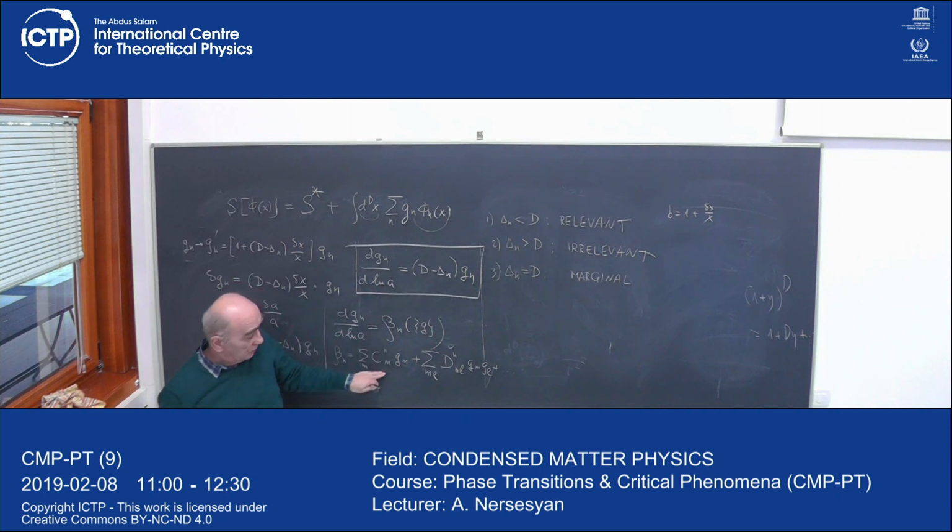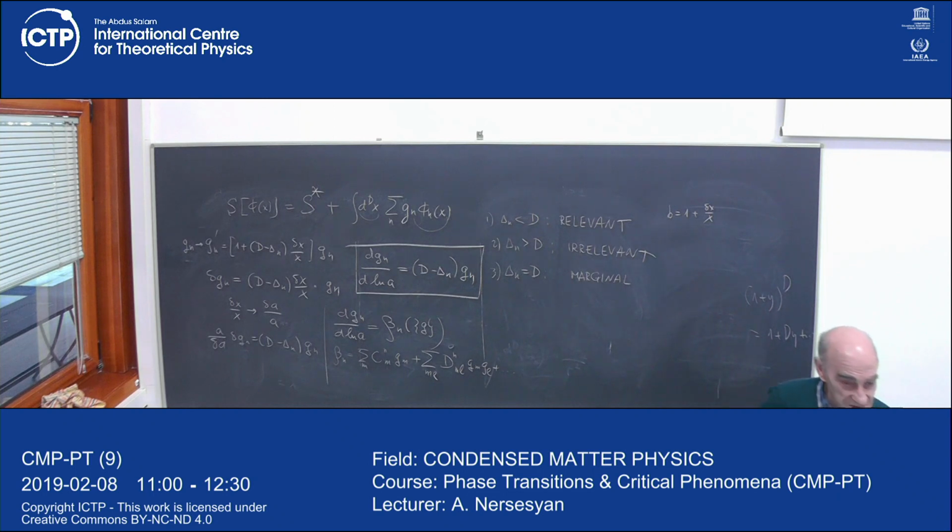So you again recall this structure. You don't have this term. So therefore, the whole RG procedure starts from the second order terms. And that has to be derived from scratch. So far we didn't have such a possibility. It's a very complicated thing.